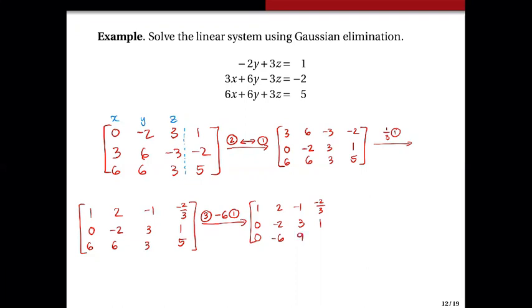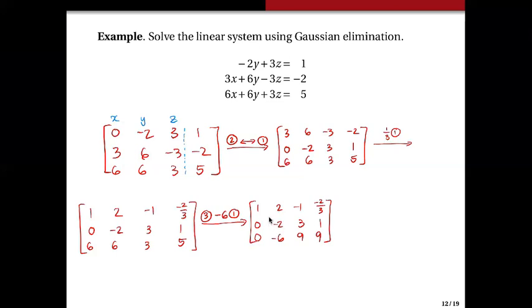So that's 9. And then here you have 5 minus 6 times negative 2/3. So 6 times 2/3, that is what? 4. So you have 5 plus 4. That becomes 9. So try to check the arithmetic there.